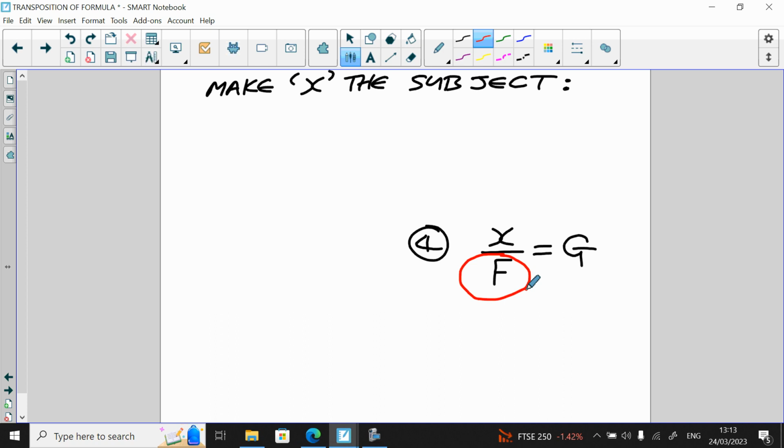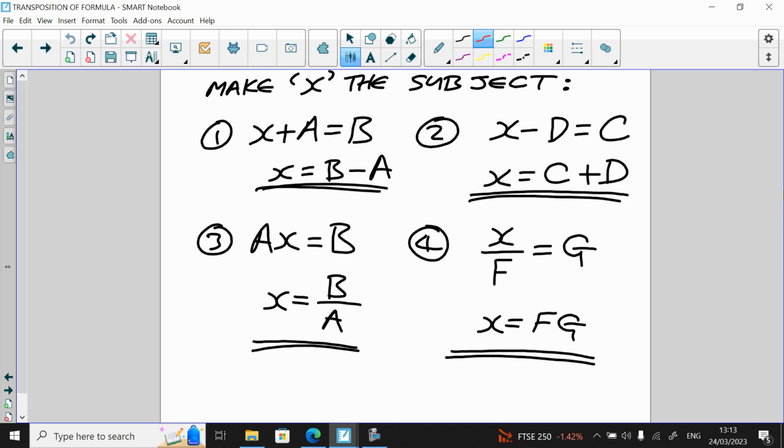So when something's dividing, it goes up to multiply. And you either put it to the front or back. I say that in the wrong order, but it doesn't matter because it's commutative. With either f times g or g times f, stick them next to each other. That's fine. So that's the 4 basic operations.